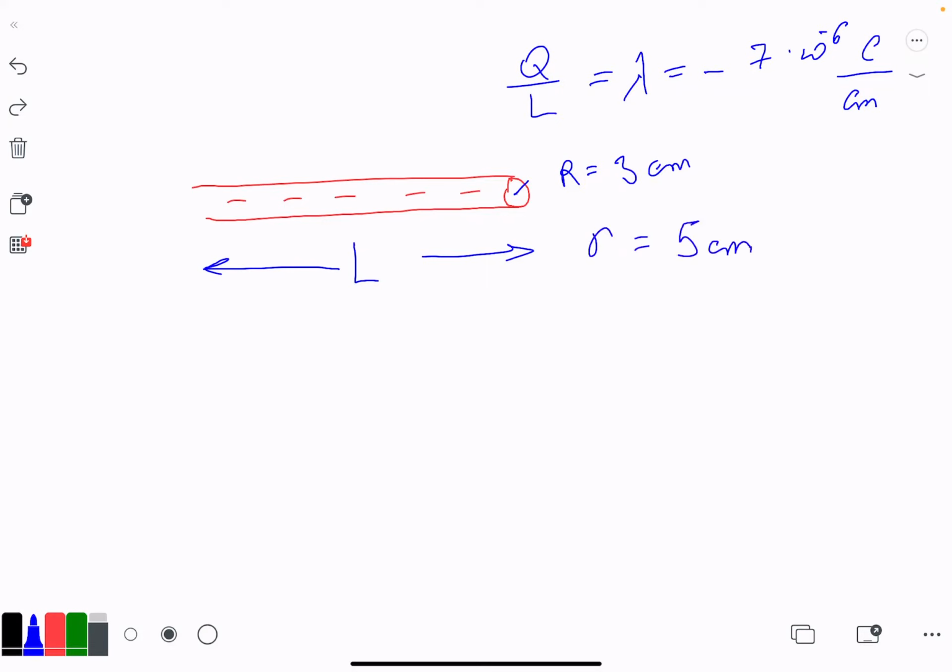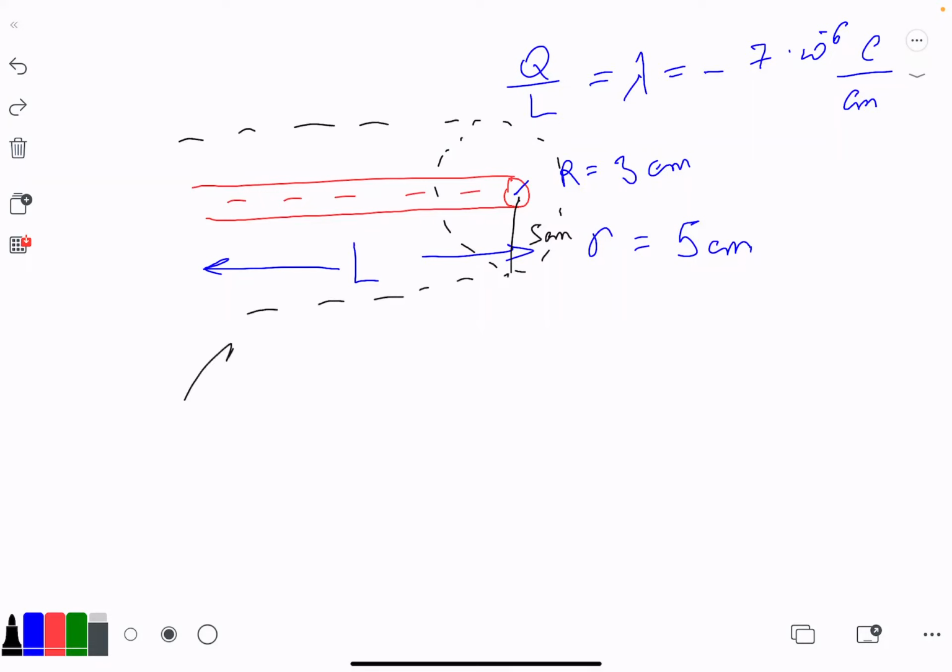Okay, so what we have to do? You have to first draw an imaginary Gaussian surface at the distance where r is equal to 5 centimeter, correct? So let's say that this is r equal to 5 centimeter. You have to draw the area of the Gaussian surface. It's going to be like this one, correct?